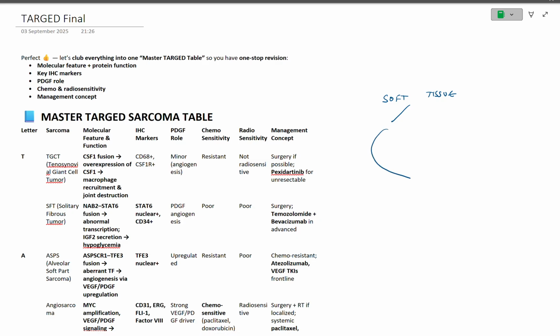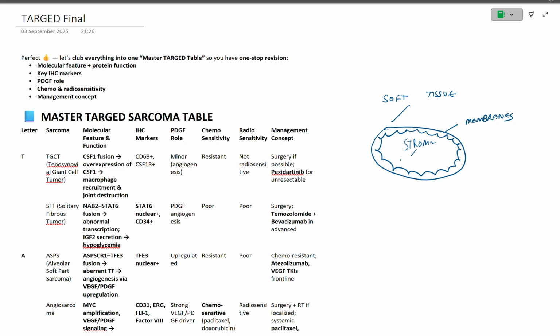So if you have soft tissue, the first thing is you'll have membranes which seal off the soft tissue. Then you have epithelial lining around and inside the membranes. You have stromal tissue.